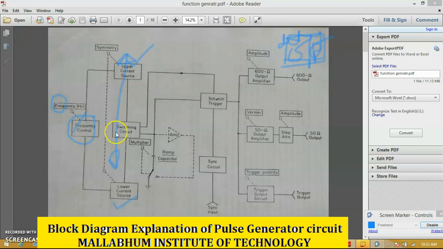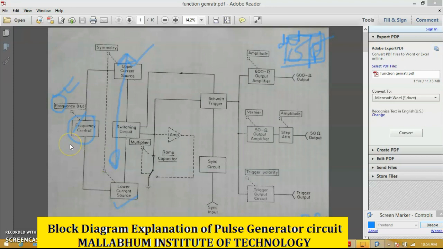So I am repeating again, in the case of any waveform generation circuit, we change the frequency knob of the generator circuit. Now if we change the frequency of the generator circuit, then the output waveform changes accordingly.